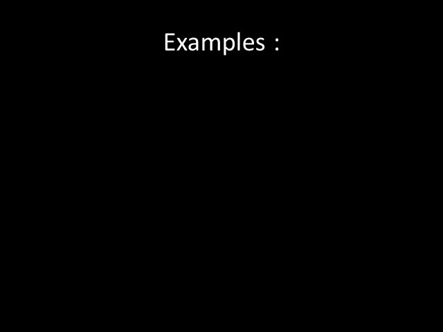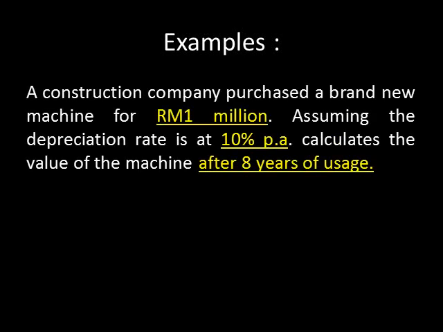Let's look at example 1. A construction company purchased a brand new machine for 1 million. Assuming the depreciation rate is 10% per annum, calculate the value of the machine after 8 years of usage.